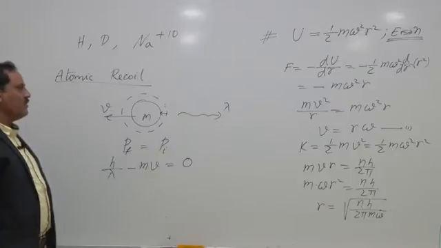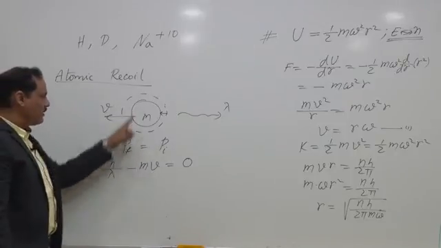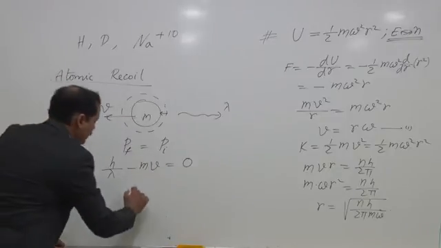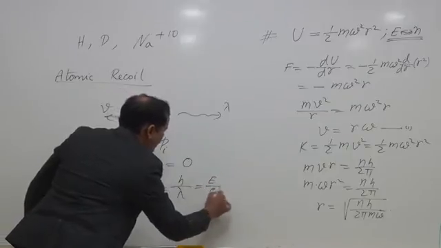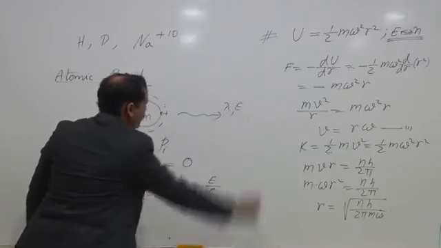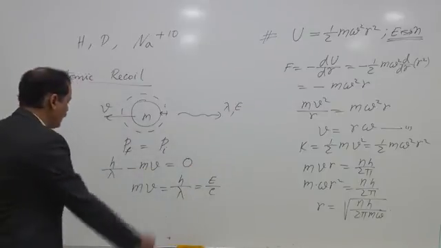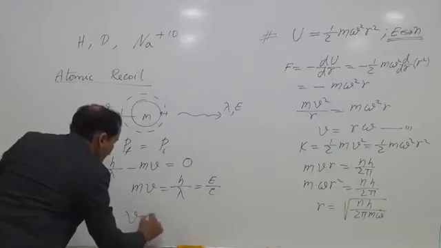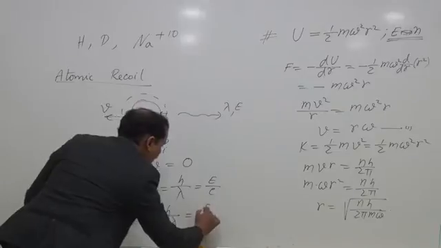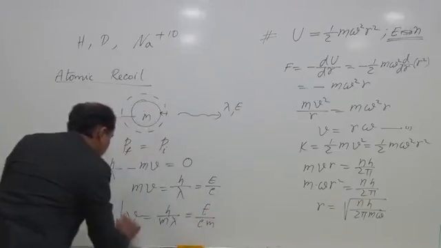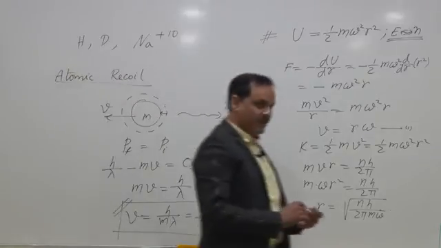The photon is emitted in the positive direction, the atom recoils in the negative direction, that is why the momentum of the atom is negative. So we can write mv equal to h by lambda, or E by c, where E is the energy of the photon. So the recoil speed V is equal to h by m lambda, or E by cm. This is the recoil speed of the atom.